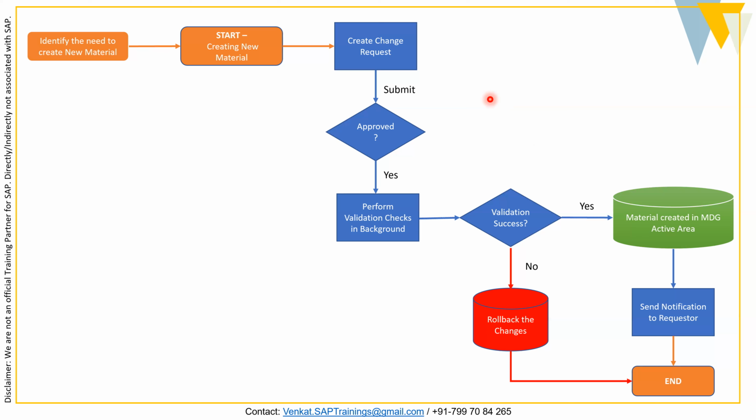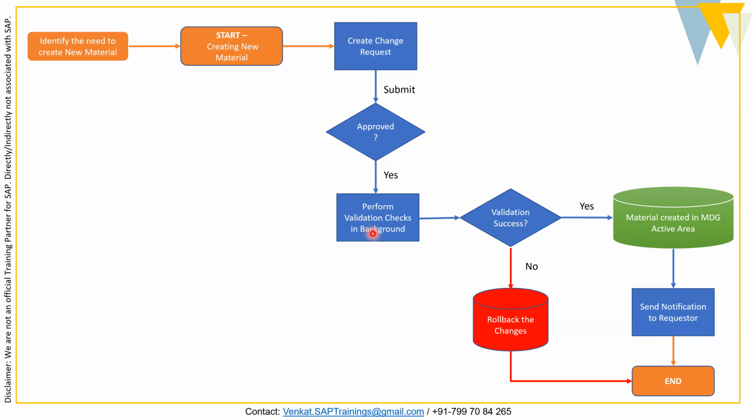Let me give you the answer. When I ask how many dialog steps are there, there are two dialog steps. One is while creating the change request. Who creates that? Requester. The requester submits. That is a dialog step. And another is the approval step. Once approval is done, we trigger the activation.